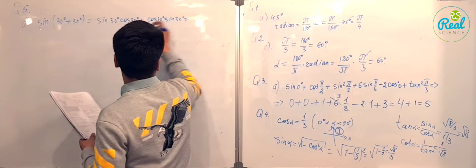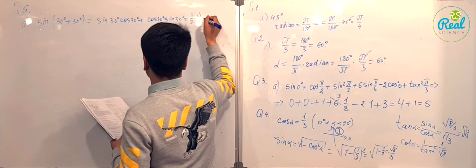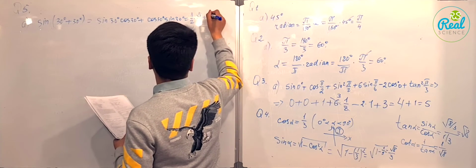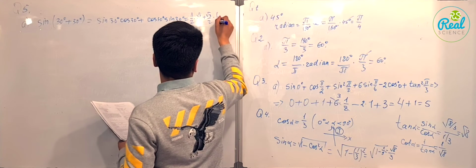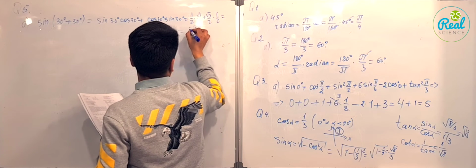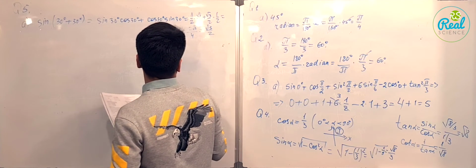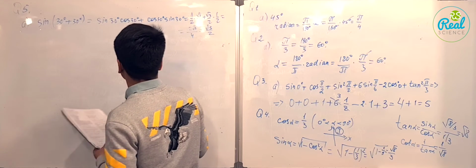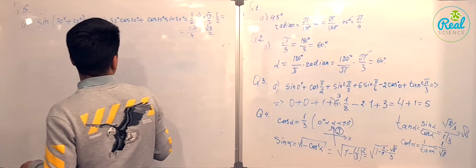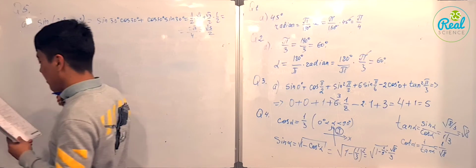Sine 30 is 1/2. Cosine 30 is the square root of 3 over 2, and again this one, and 1/2. They are the same. In this case, 2 square root of 3 over 4, which is square root of 3 over 2. Or we can say sine of 60 degrees. Yeah, it was possible.